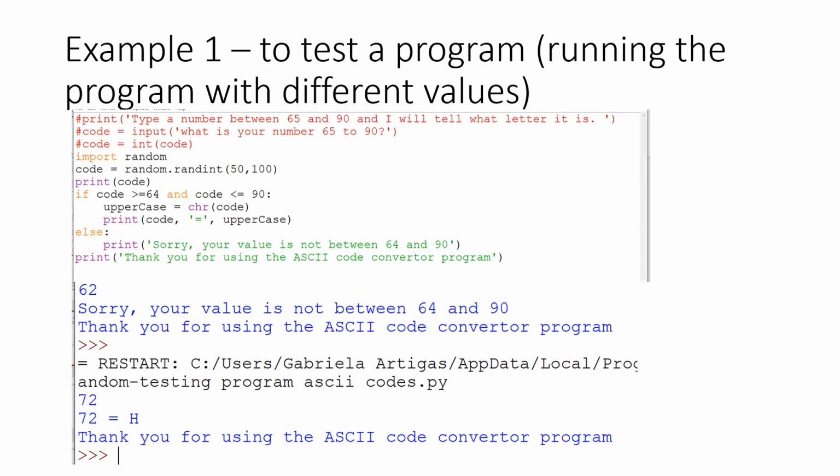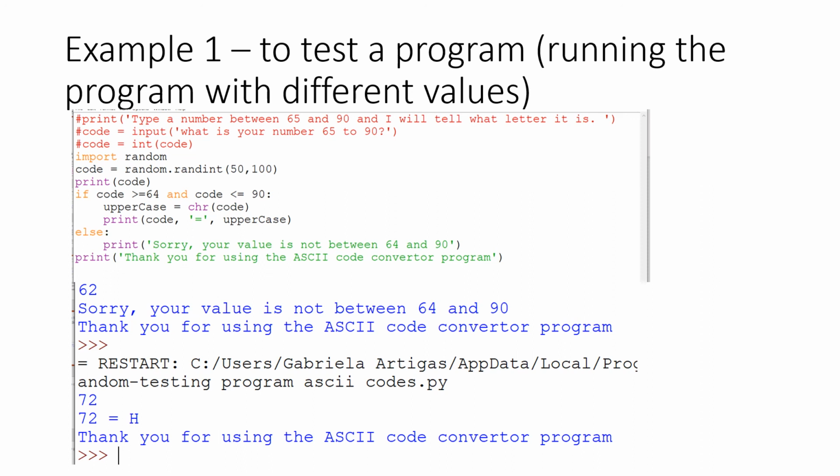And I'm going to display the code. I don't need to typecast it because I'm generating a random integer. But so I'm not blindsided, I want to see what number the computer generated. So print the code, and then if the code is greater than or equal to 64 and the code is less than or equal to 90, this code stays the same as before.